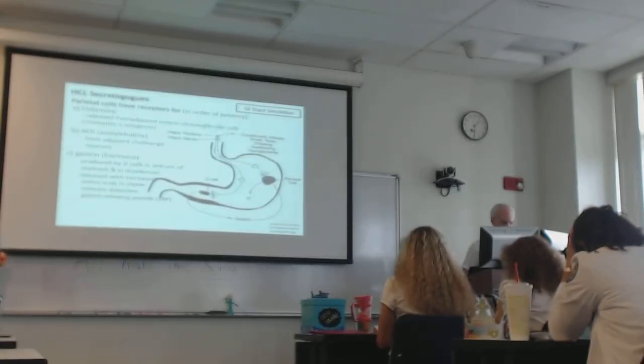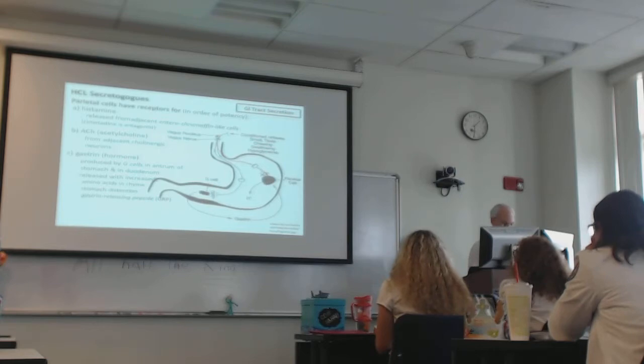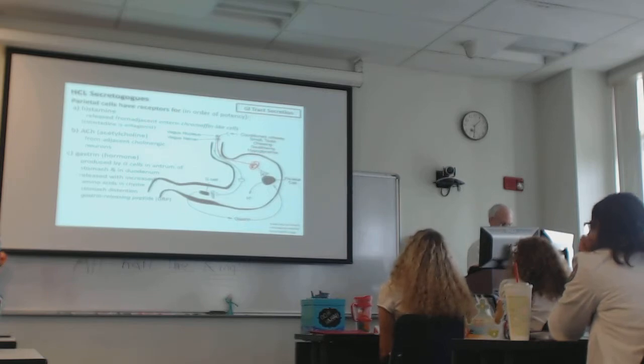So let's look at some of these pathways. I think you're probably familiar with some of these. For example, this cholinergic pathway, right? What's going on there? Does that pathway look at all familiar to anyone? The one that's labeled right here. We have a synapse there going to the parietal cell, to the mucosa.